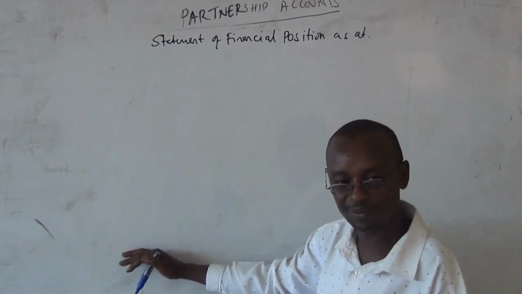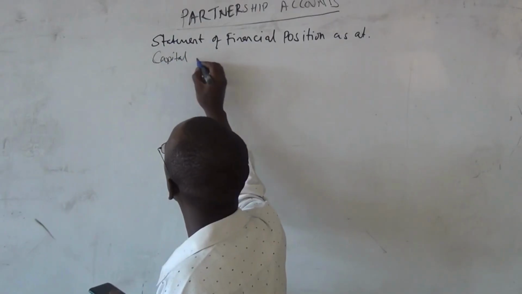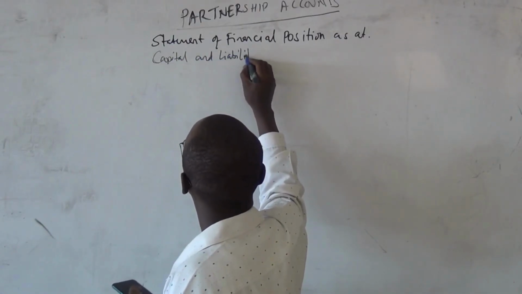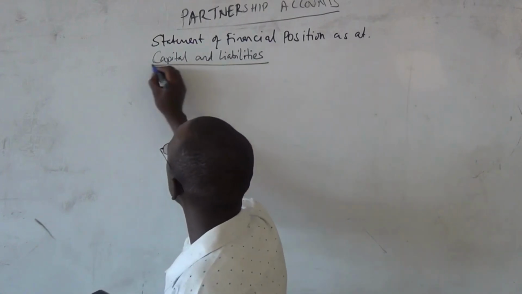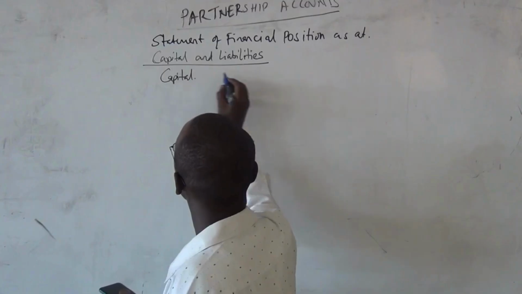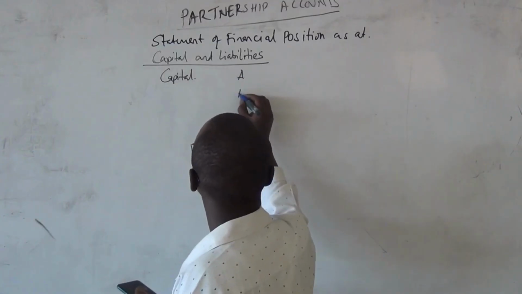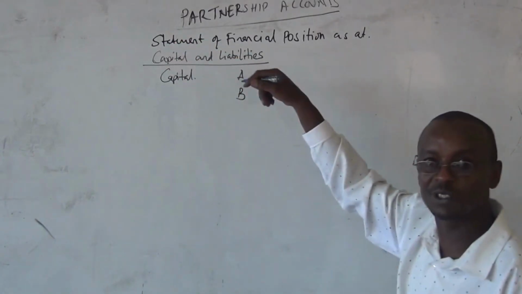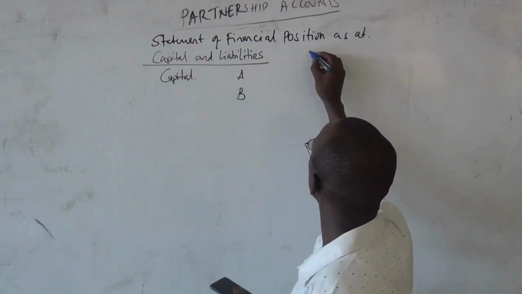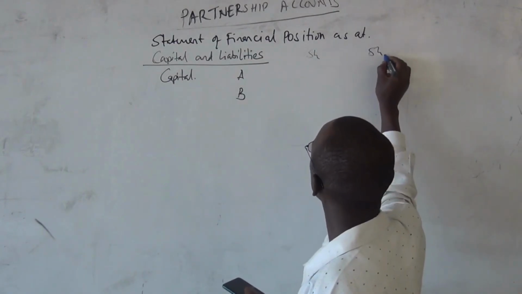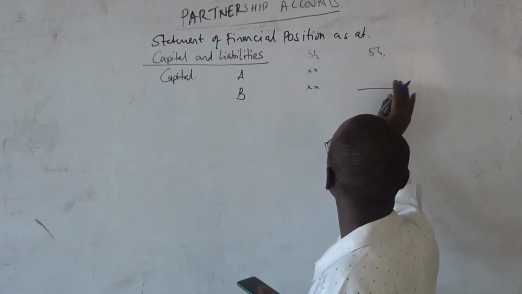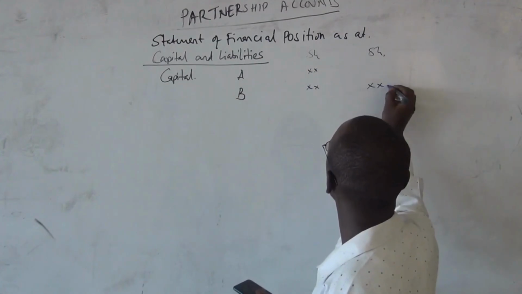Then from there, we go to capital and liabilities. In the capital and liabilities section, we start with capital. You get the balance for capital from the capital account that we started with. So our capital account will have A and B, then the total.